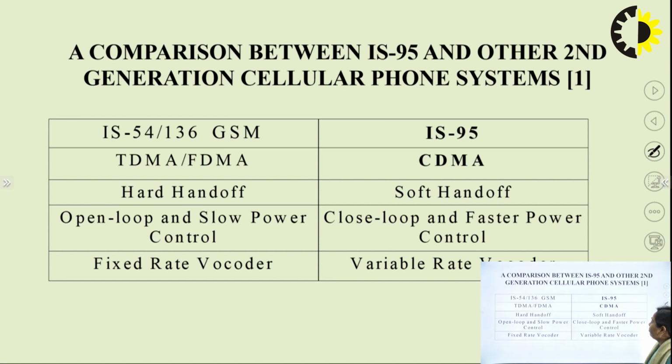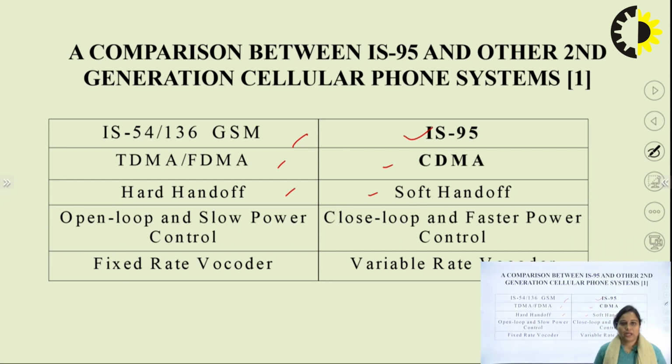Next one is a comparison between IS-95 and other second generation systems. So IS-95 is known as CDMA, and IS-54 or IS-136 as TDMA, along with GSM. GSM uses a TDMA or FDMA frame, and IS-95 uses the CDMA technique. Next, GSM uses hard handoff, while IS-95 uses soft handoff. Now what is handoff?